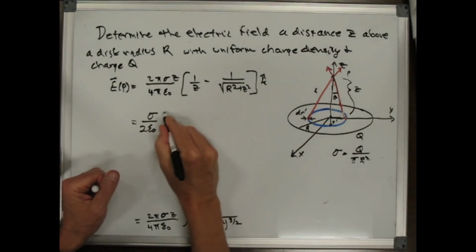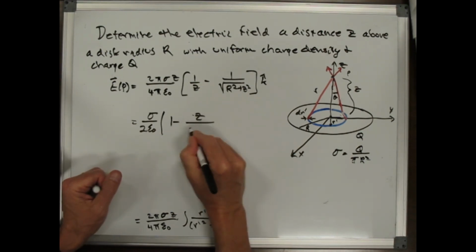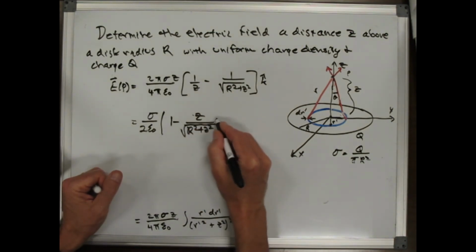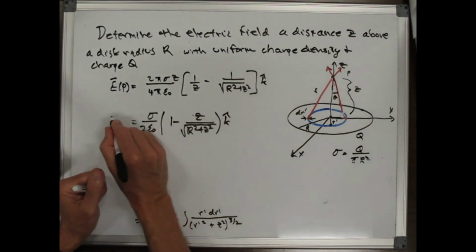I can cancel the z's and I get times 1 minus z over the square root of r squared plus z squared, times k hat.